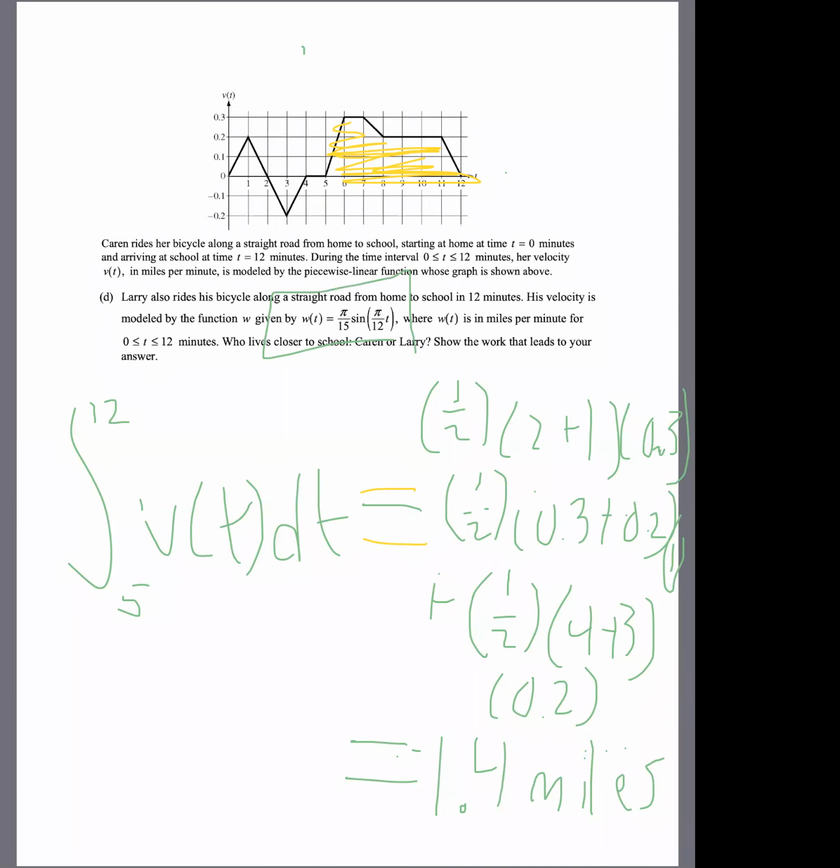All you have to do now is put Larry's integral into the calculator. So we're just going to practice with that, and someone tell me what answer they get and I'll confirm. All you have to do is the integral from 0 to 12 of w of t dt in your calculator, and then let me know what you get. And remember to write the units.